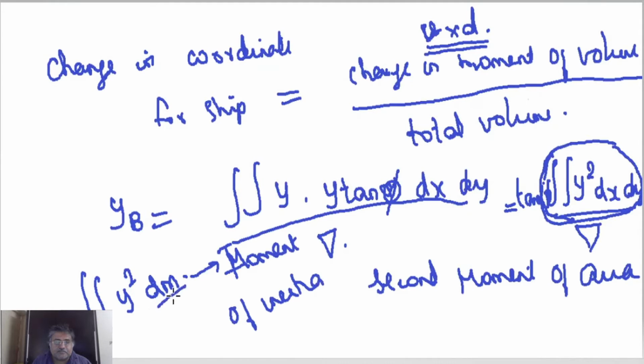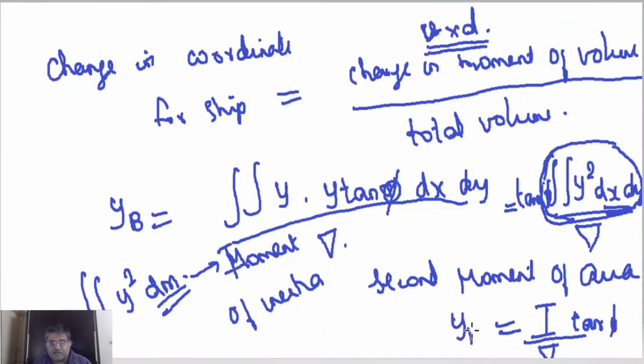And when it is not a mass but an area like you have here, it is known as the second moment of area. So this thing is the second moment of area, usually in naval architecture written as I only. I divided by del from here. This is I divided by del into tan phi.